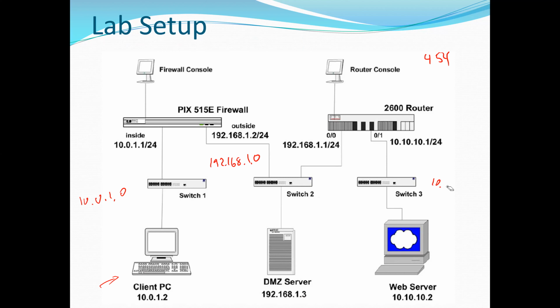By having that separation of subnets, you can add rules here and rules here that are specific to those subnets, and you can block by port numbers or allow certain services.